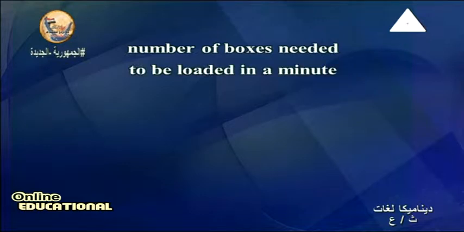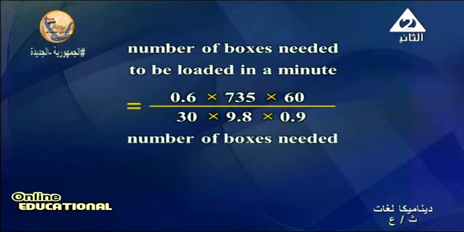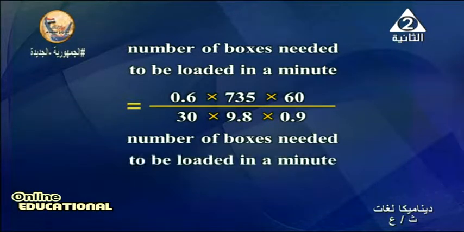So the number of boxes loaded in a minute equals 0.6 times 735 times 60 seconds over 30 times 9.8 times 0.9. Then the number of boxes needed to be loaded in 1 minute equals 100 boxes.